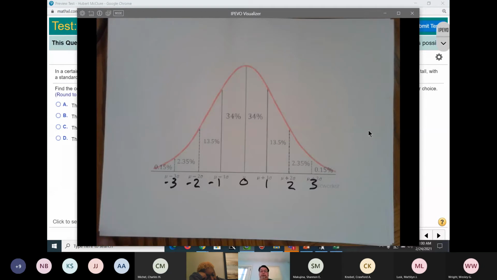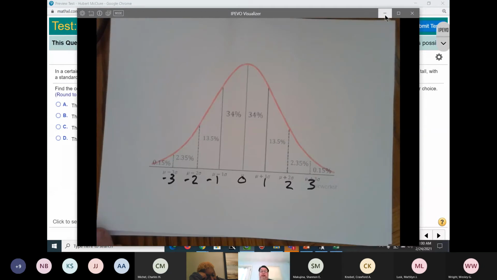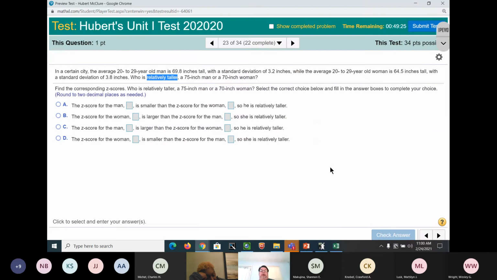Now I want y'all to calculate the z-scores for these two groups. I want you to mark out 20 to 29-year-old, and I want you to put above it LBJ or something like that.